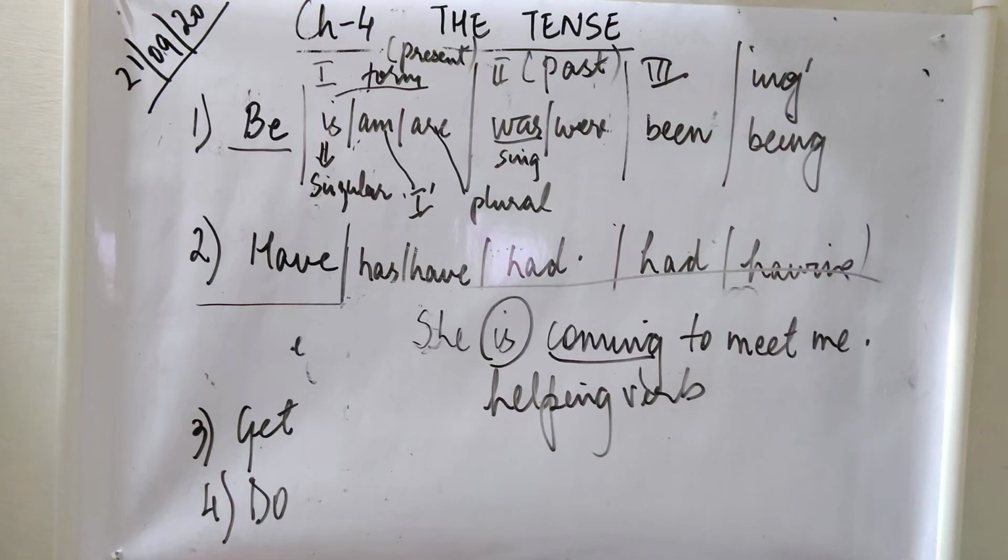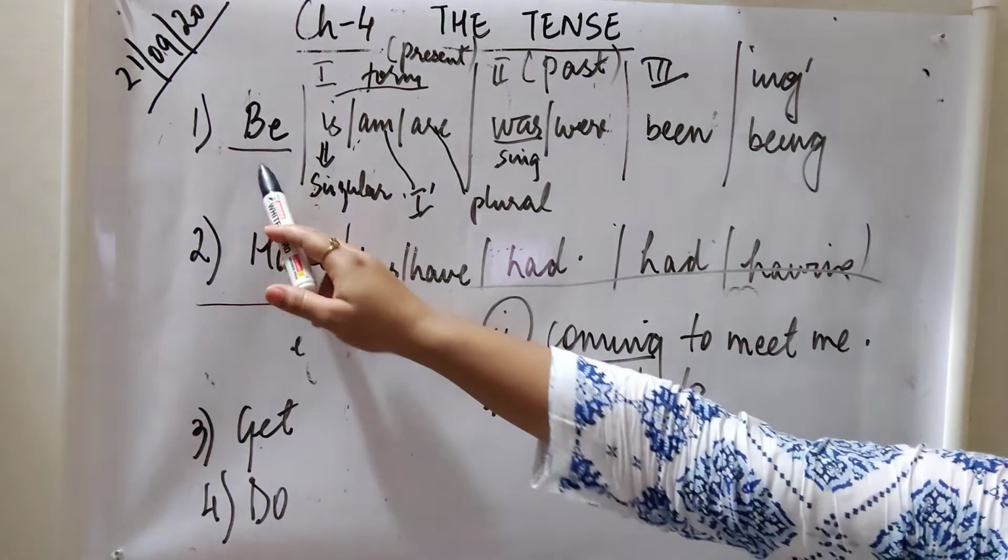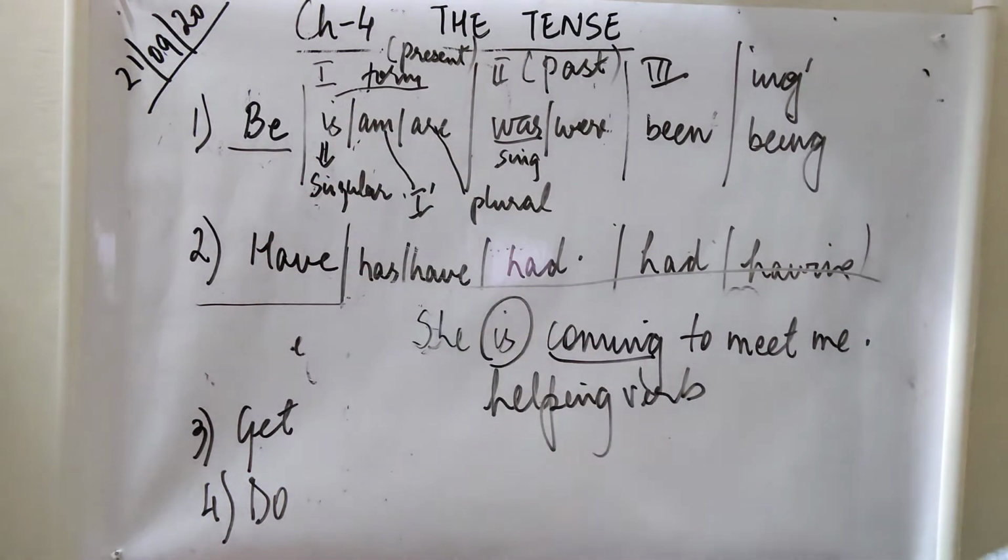Alright, children, are you understanding? I am explaining how the verb be can be used both as a main verb and as a helping verb. Clear?